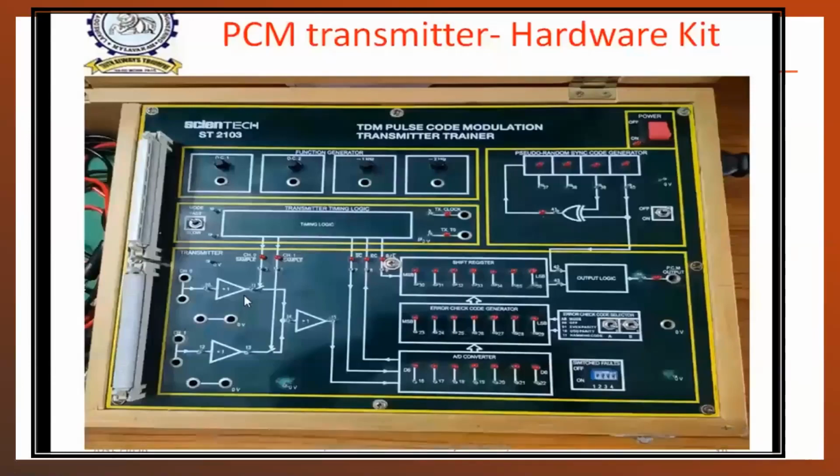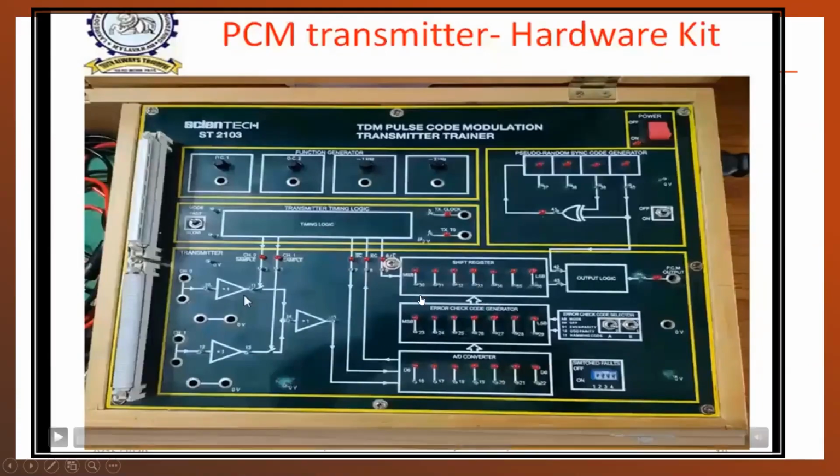With the LEDs here, you can see the error check code generator. Error check code generator means the parity. You have learned about parity. Parity is an error checking code. Similarly, parity codes are present in this setup. We can use any error checking code here and observe the output.